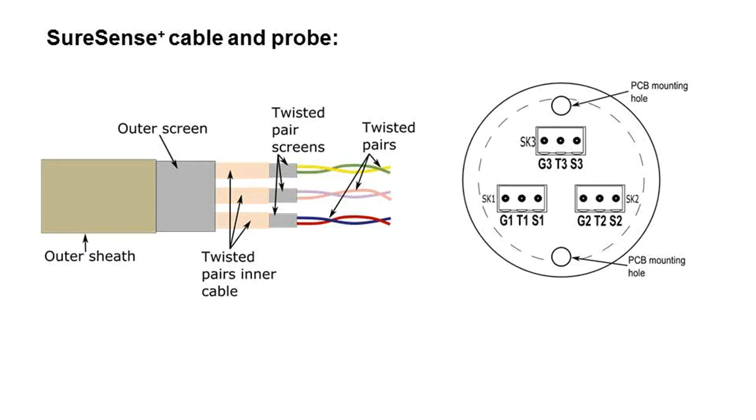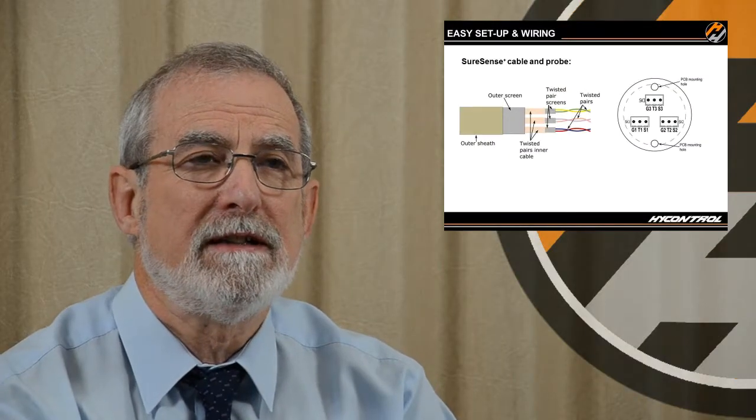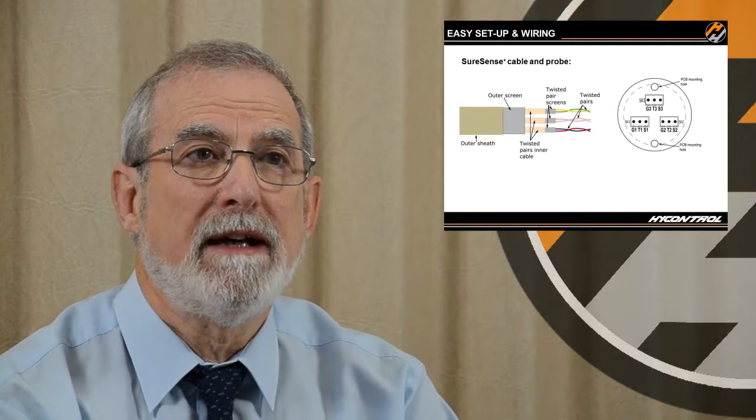This shows the cable that we use. This is a cable that will be used for a 3-point probe. So it's an unusual cable in that it has inner screens and outer screens. So it's like we have a cable which has got 3 separate cables inside it. It's a multi-pair cable. So we have the inner twisted pairs, which are the cores which are used for sense and test measurements.